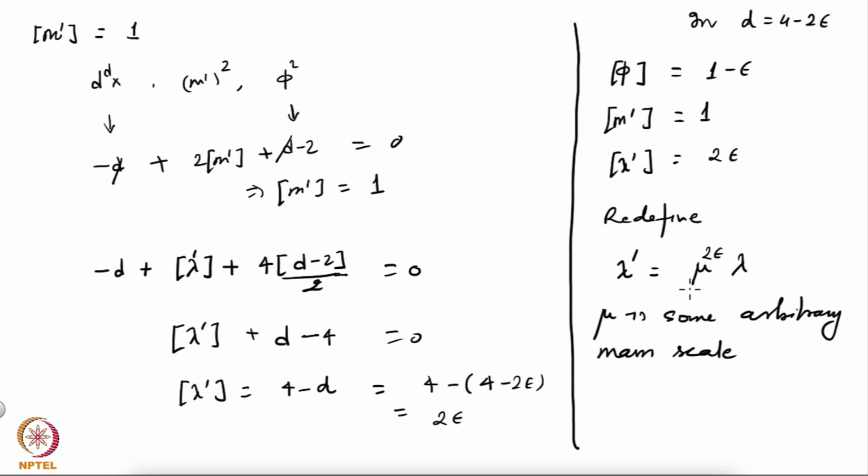Also note that mu is completely arbitrary. It has no relation with any of the physical scales in any problem you are doing, because the purpose of mu is just to absorb the mass dimension of lambda prime, so that I can have lambda be dimensionless.